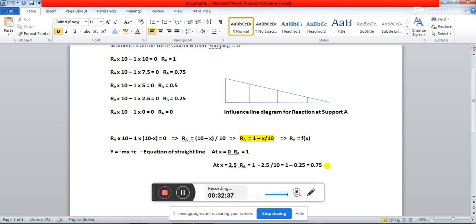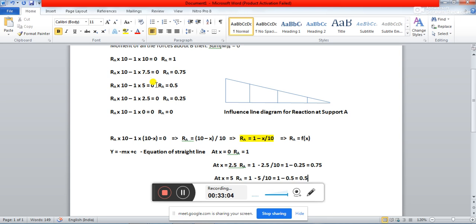I will just show you. At x equal to 5, what will be the value? At x equal to 5, this one will change to 5. So this is going to be 1 minus 5 by 10, which is 1 minus 0.5. So how much will be the value? It will be equal to 0.5, isn't it?